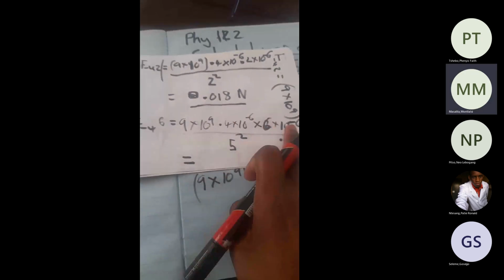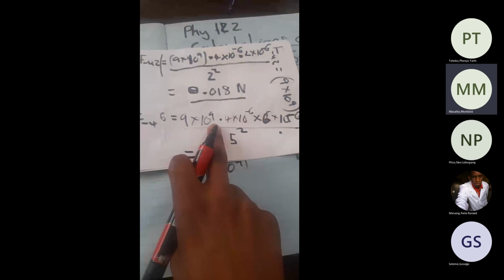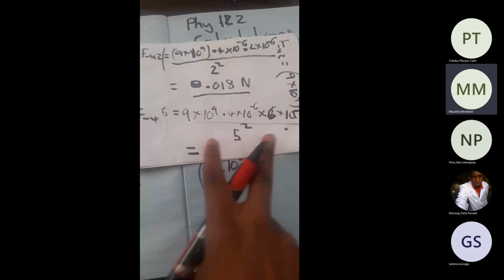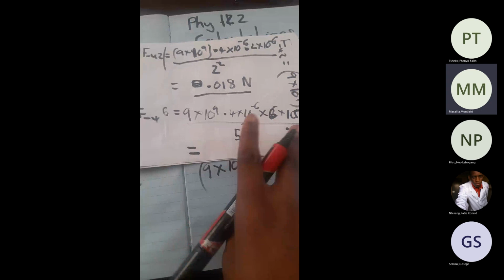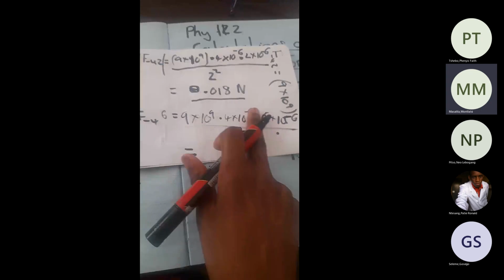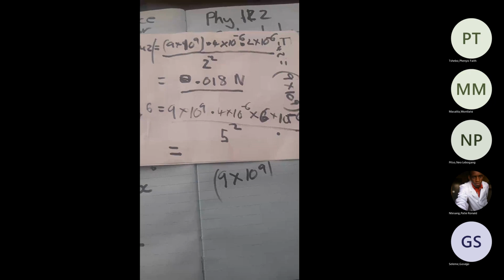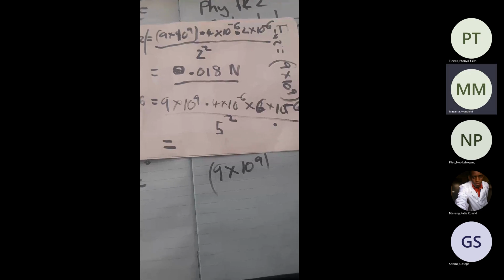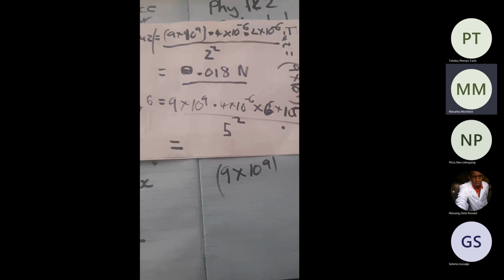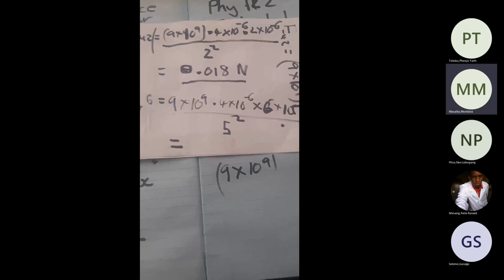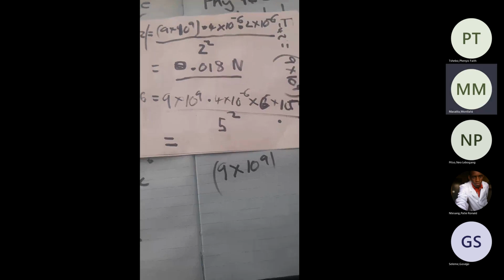Most of you will get the steps right, but your answer will be wrong if you don't practice multiplying, because there might be many numbers sometimes. Press 9 times 10 to the power 9 times 4 times 10 to the power -6 times 6 times 10 to the power -6, divided by 25.